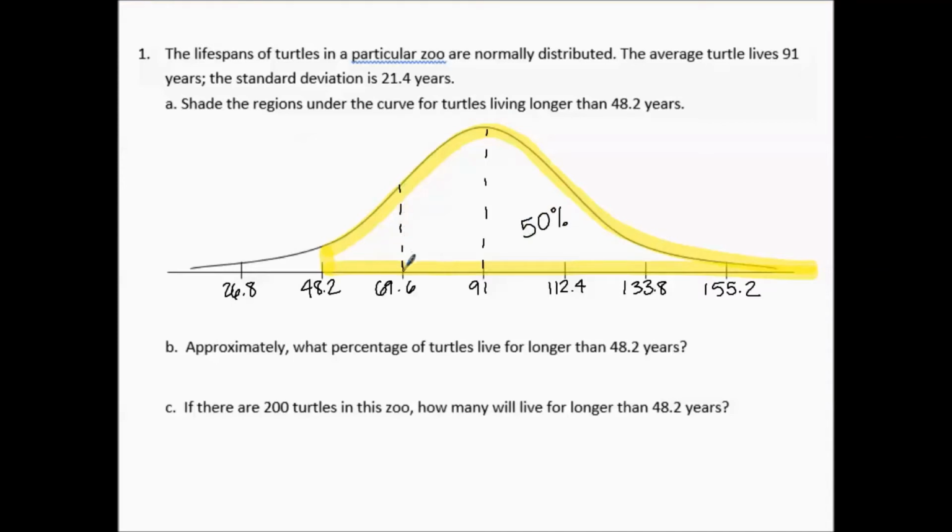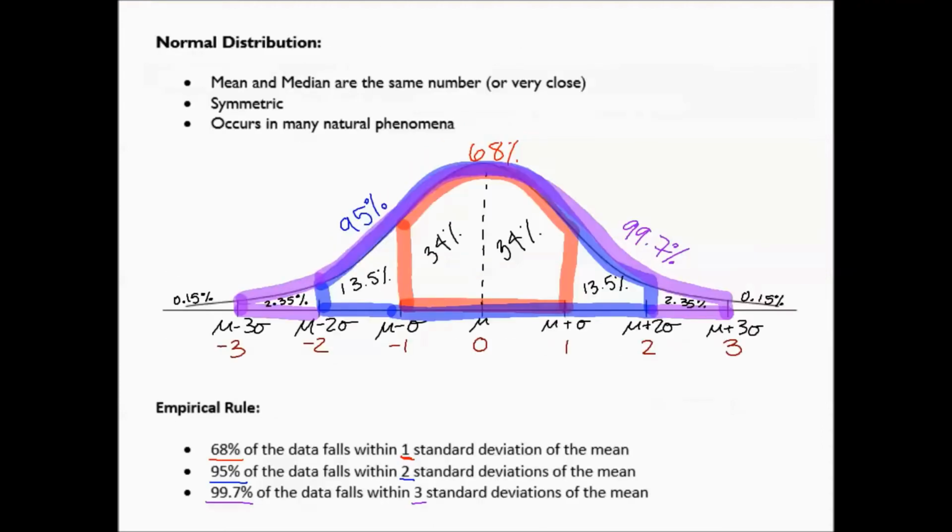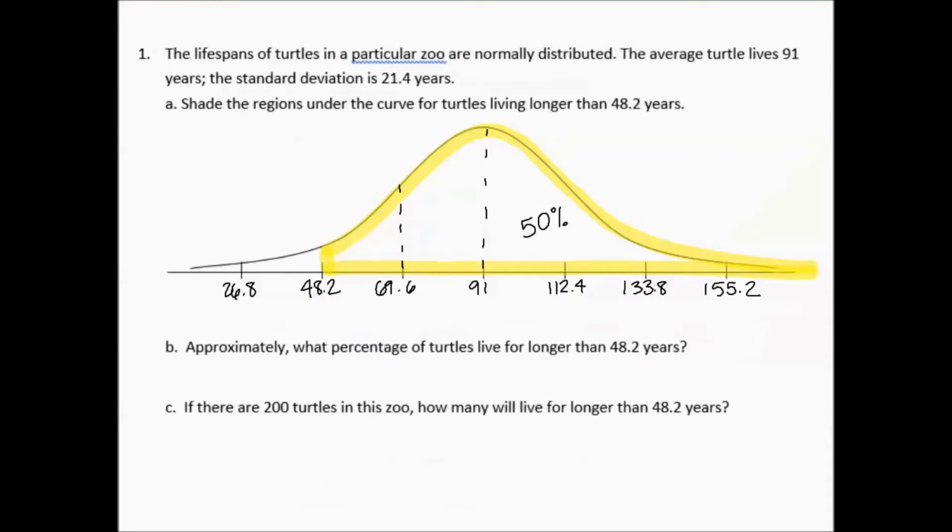And then by looking back here at this diagram of the empirical rule, we know that this section is 34% and this section is 13.5%. If we add all of those percentages together, we get that this would be about 97.5% of turtles would live at least 48.2 years.